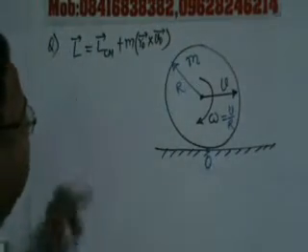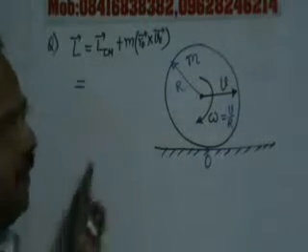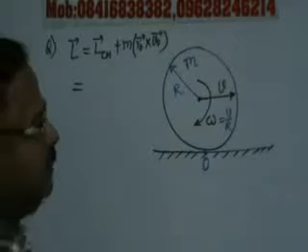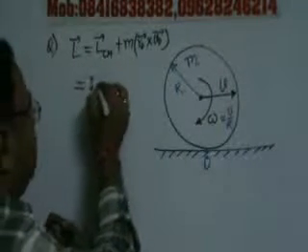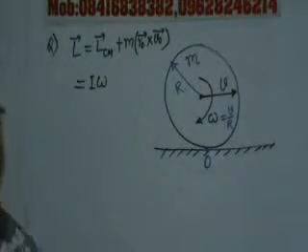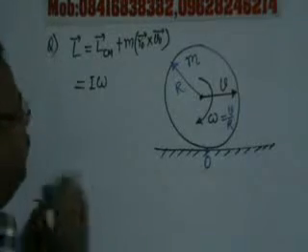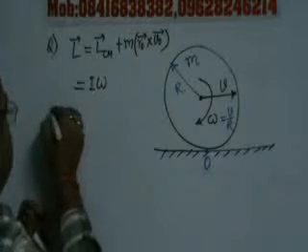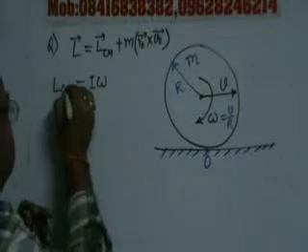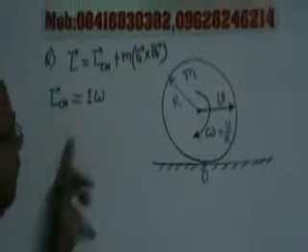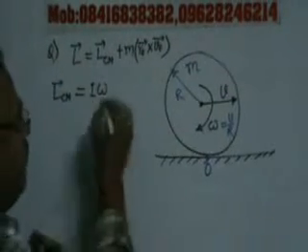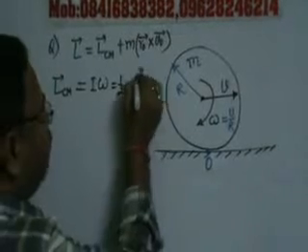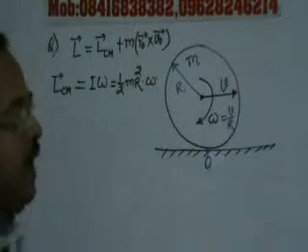So what is L_CM? What is the angular momentum of a disc as seen from the center of mass frame? From the center of mass frame it is purely rotating, so this will be equal to I omega. It is a disc, so this is half m r square into omega.